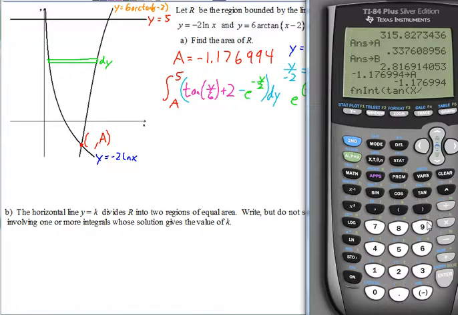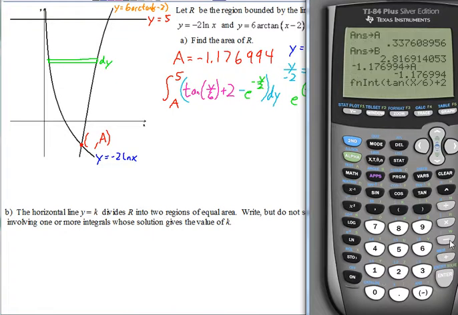Tangent x divided by 6, close parentheses, plus 2, and then minus second e to the negative, again, I'm just putting x over 2. Okay, so that's where we're integrating.